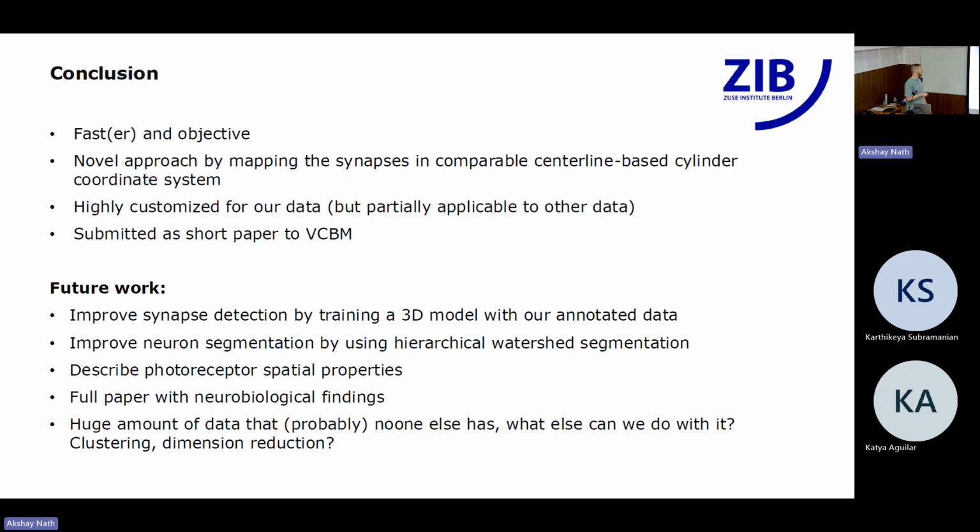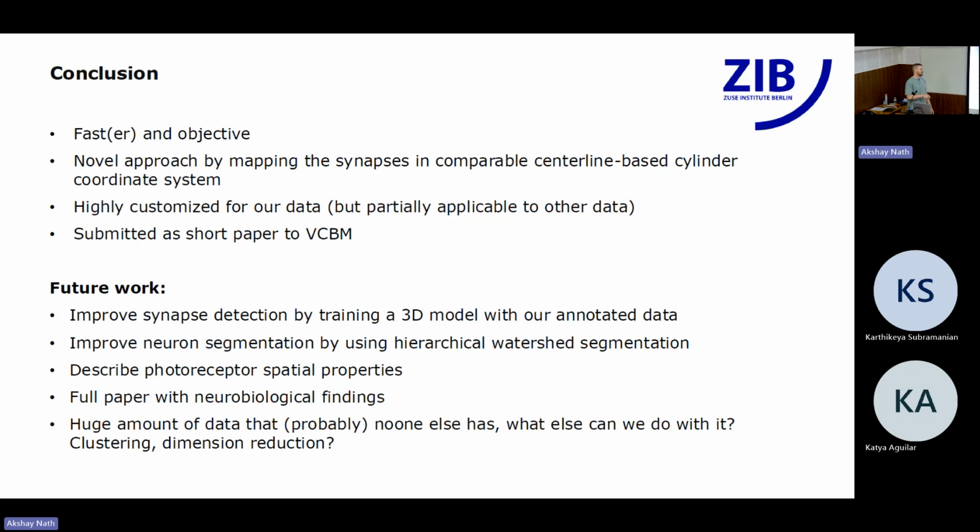About the future work, I think the majority of stuff is already done, but we still need to do some improvements. The first one is that we want to improve the synapse detection. As I said, SpottyFlow was not available in 3D at first, but now it is. So now we have created our own annotated data, and we're already working on the 3D model, which hopefully performs better.